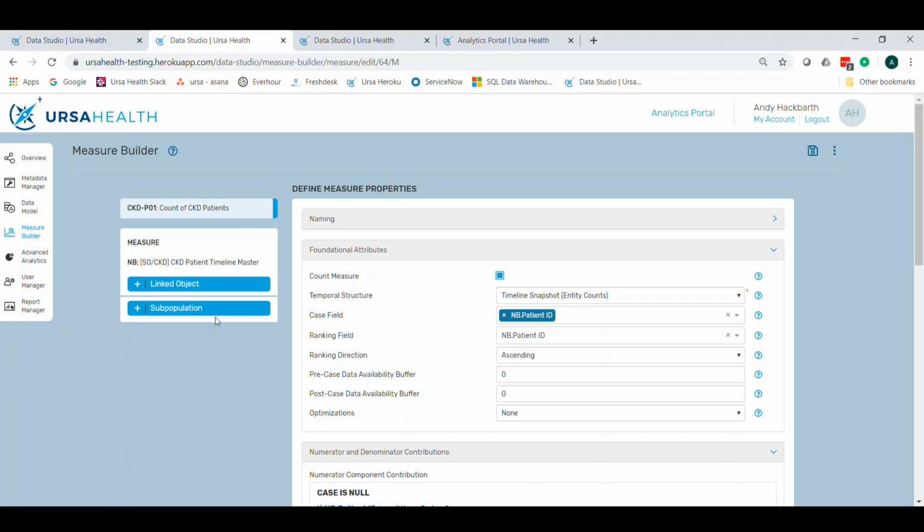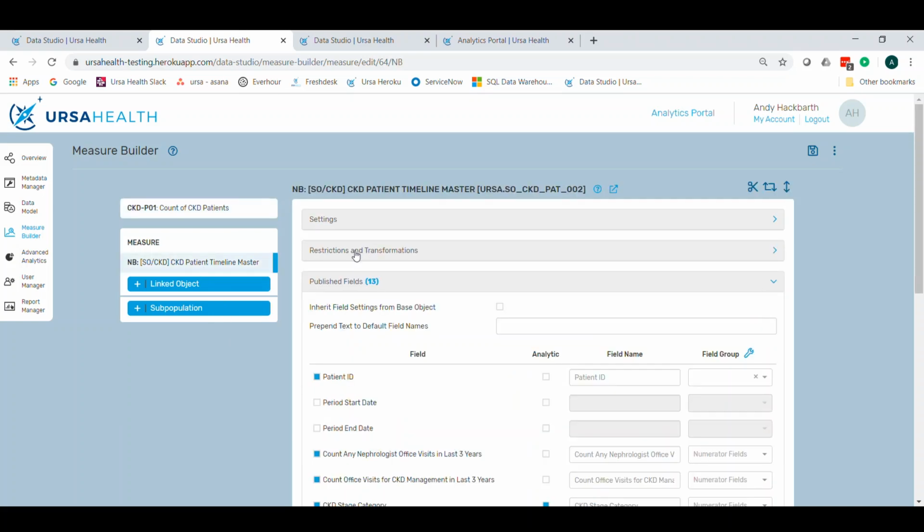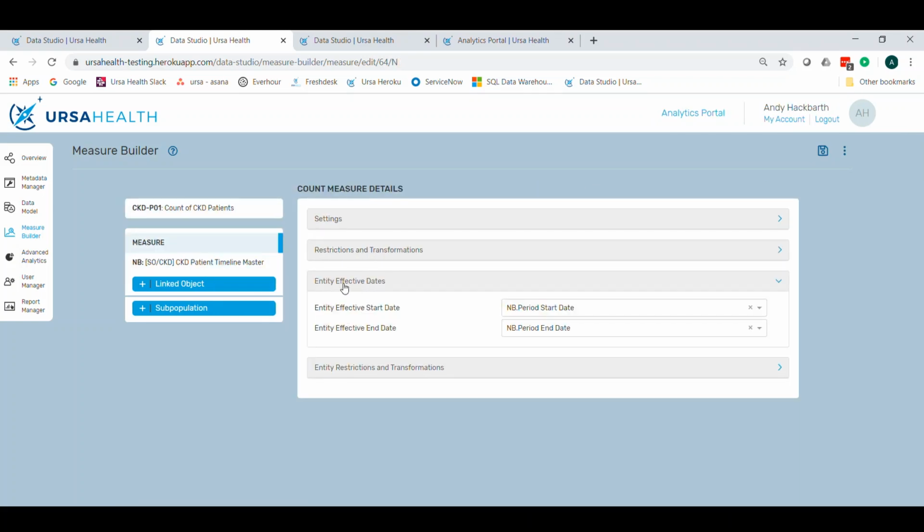Okay, maybe I'll say these entity effective dates are also necessary to add in, but it's working exactly the same way it did when we were looking at a rate measure or a regular measure, and we had a timeline in the denominator, whether it was a timeline period or a timeline snapshot.